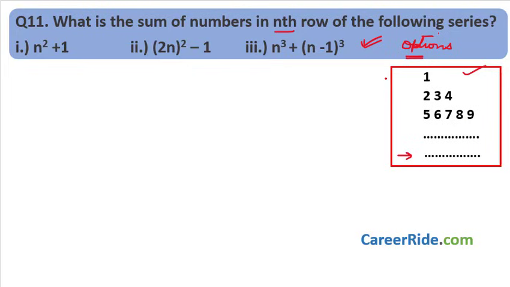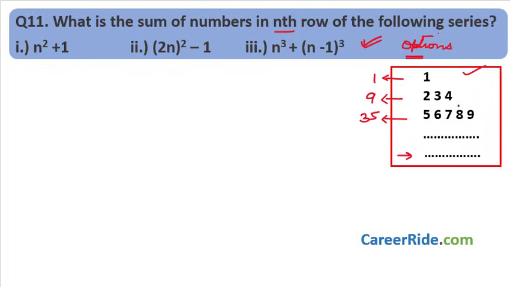Let us see, in the first row there is only one term, the sum is also 1. In the second row the sum is 2 plus 3 plus 4, that is equal to 9. In the third row it is 5 plus 6 is 11, 11 plus 7 is 18, 18 plus 8 is 26, 26 plus 9 is 35.